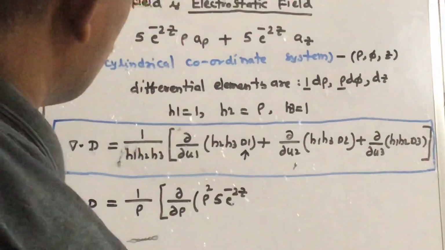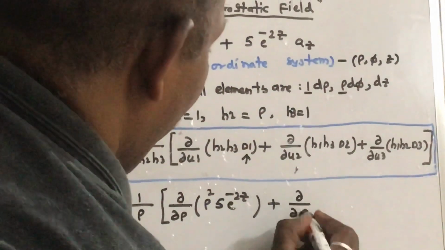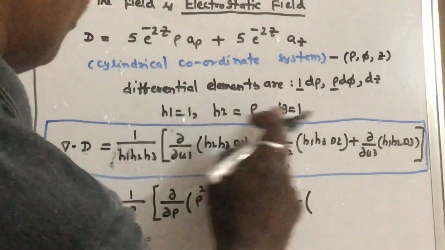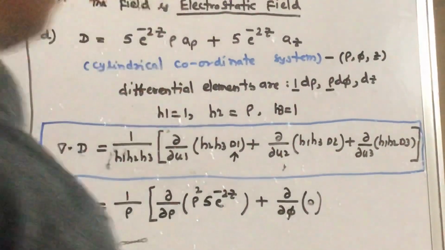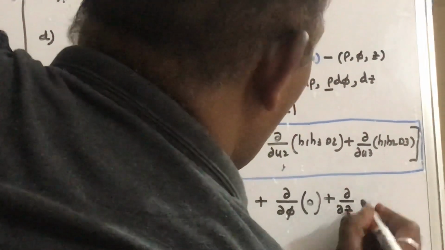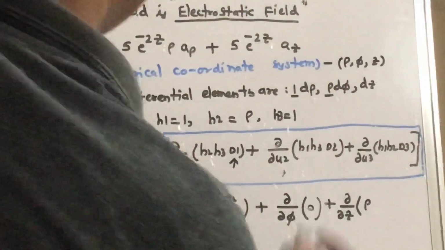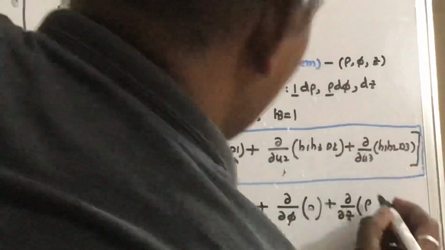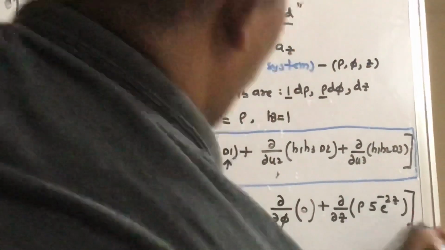Rho into rho will become rho square, plus dou by dou phi of h1 into h3, which is 1. So the D phi term is not there, so you can keep 0, plus dou by dou z of h1 and h2, which is rho. Dz component is 5 e power minus 2z.